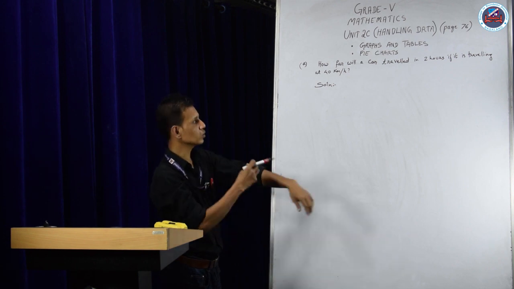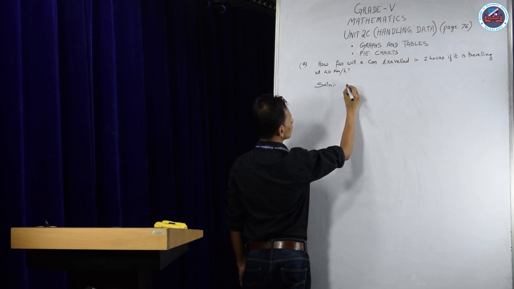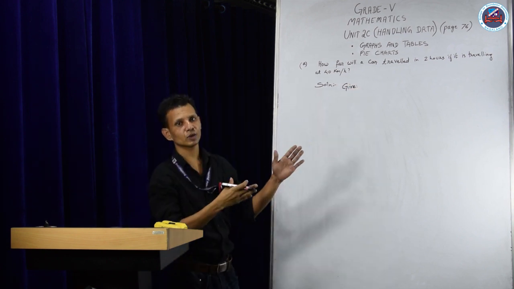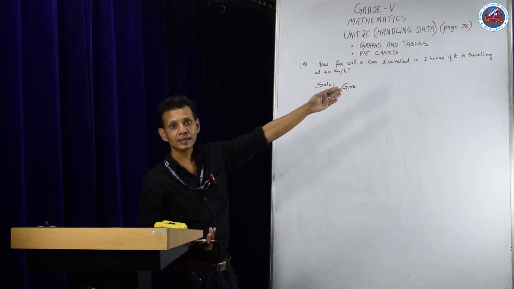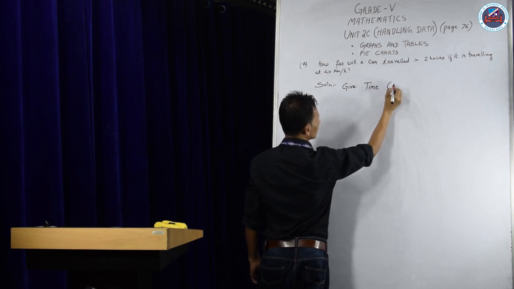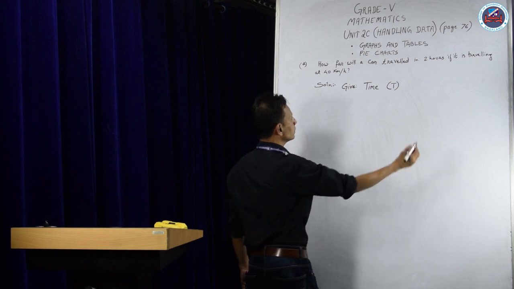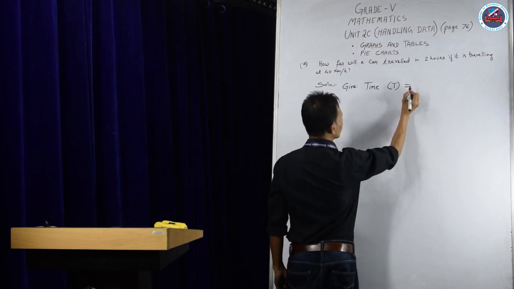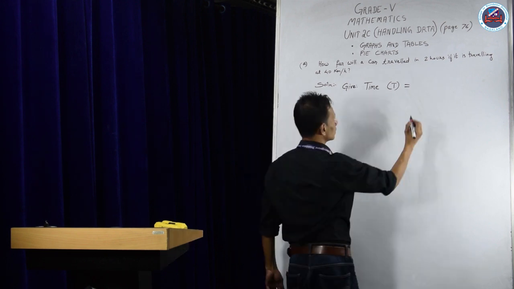But you work in this way. Solution. Given: whatever is given in the question, mention it. Okay? What is given? 2 hours, that is time. I can write it like this. Time, I will use the short form T. What is the time in this question? 2 hours.